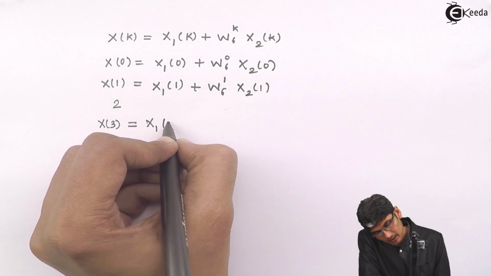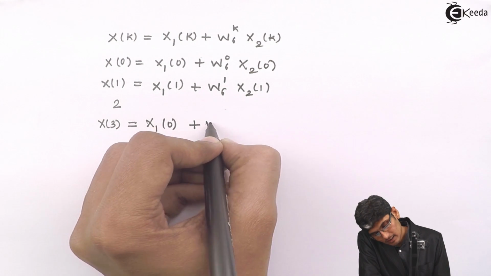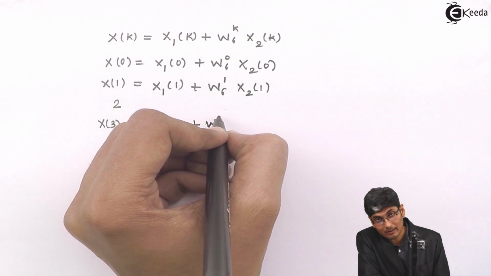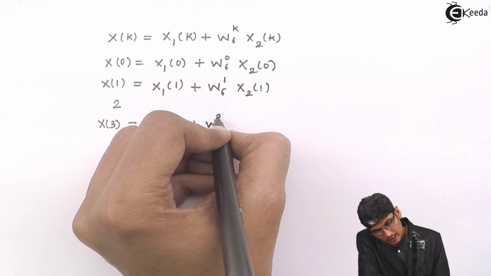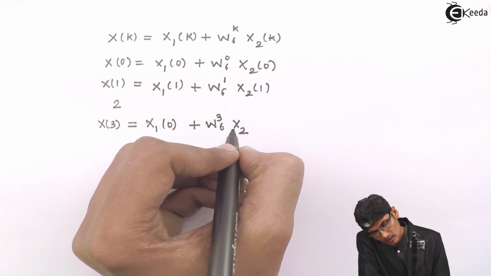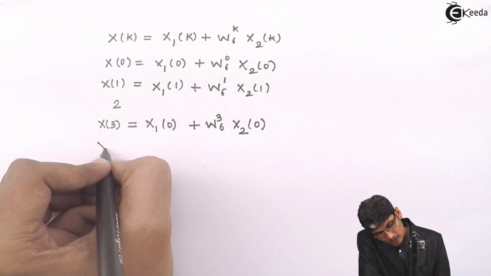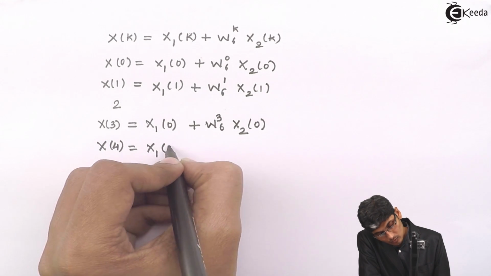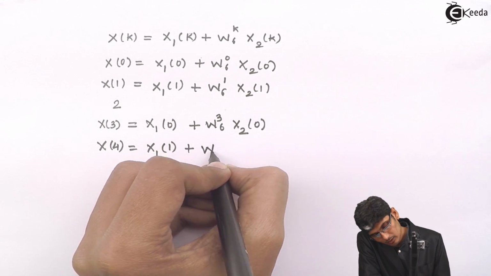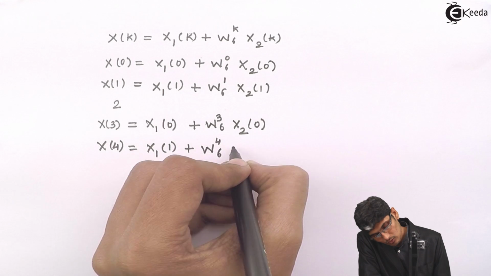So I'm going to get x1 of 0 plus w6 raised to 3 x2 of 0, but this has a periodicity of 6.